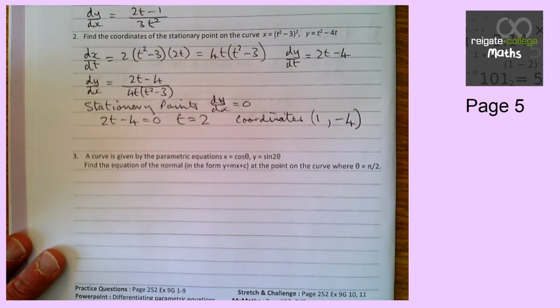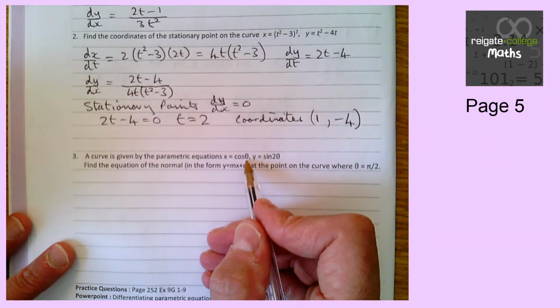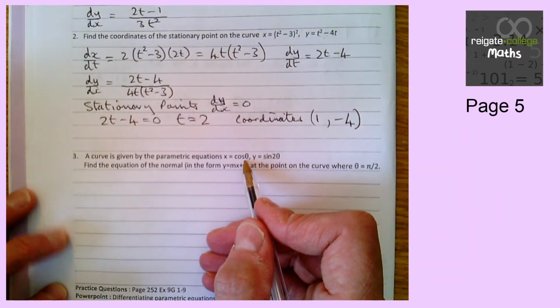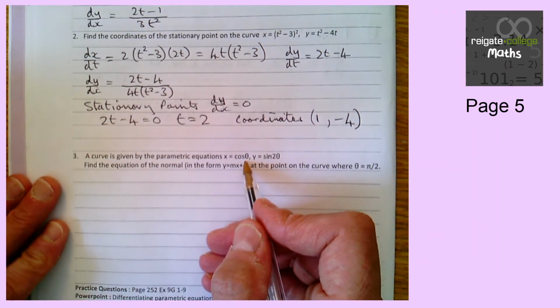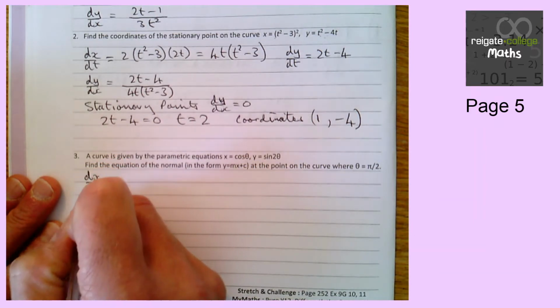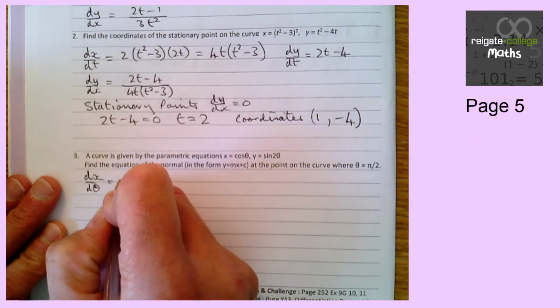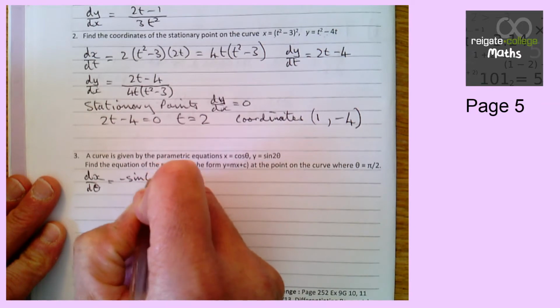So question 3, this time we've got parameter theta instead of t. It's going to work exactly the same way. So we're going to get dx by d theta this time is equal to minus sine theta.